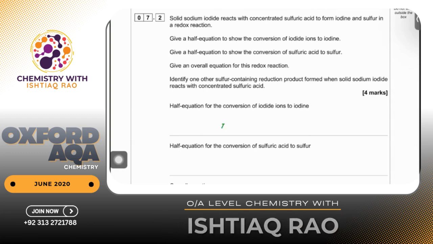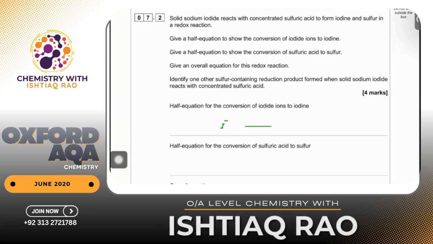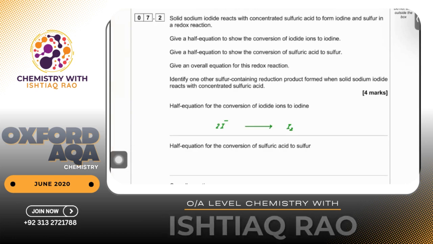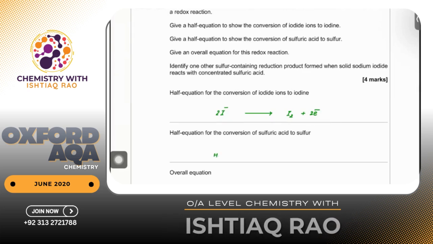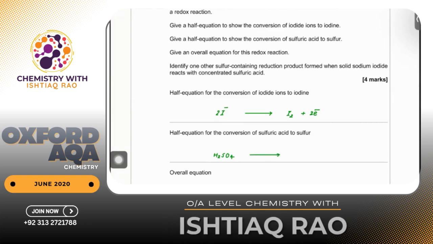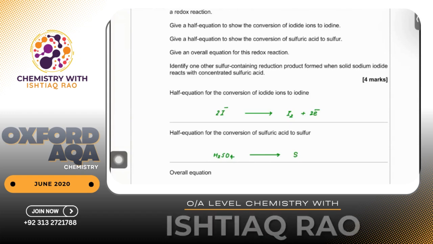So when iodide ions convert into iodine, it's going to be 2I minus losing 2 electrons. And sulfuric acid converts into sulfur.